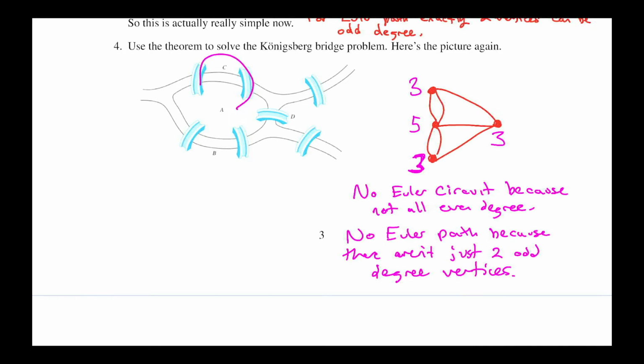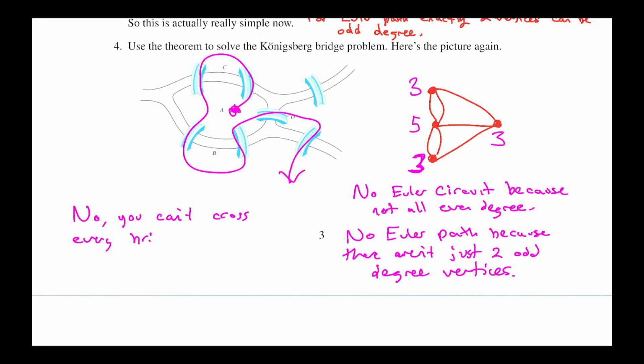Like you try to take a path, and not only was there no circuit which would get you back to A, but there was also no way to cross this bridge. So the fact that you couldn't cross the bridge and get back to A means there's no circuit. The fact that you couldn't cross the bridge and just be over here at C or something, that means there's no path. So the answer is no, you can't cross every bridge one time and get back to where you start.